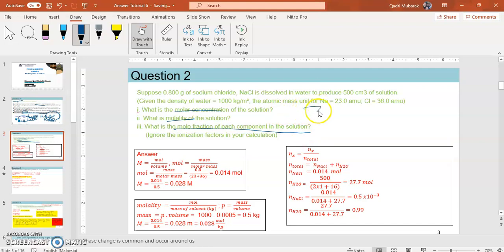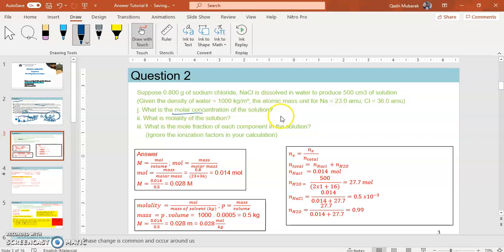So here, for all of the solutions, we need to know the formula of each. So we need to know the formula for each first. Let's start with the first question, the molar concentration. What is molar concentration?